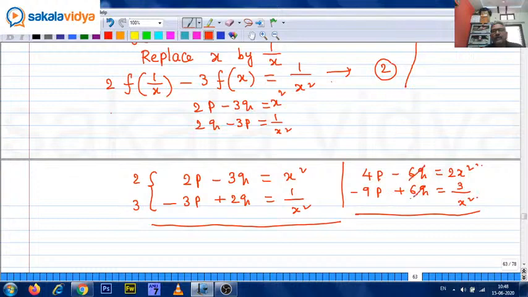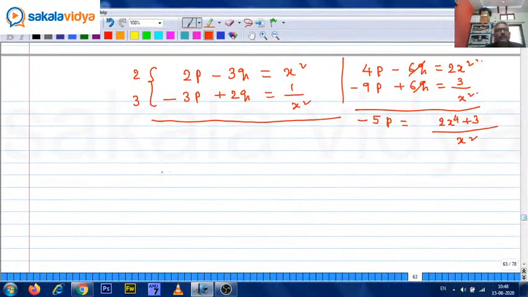Adding these two, q cancels. Minus 5p equals, here x square is the LCM, we get 2x to the power of 4 plus 3. Now p equals 2x to the power of 4 plus 3 upon minus 5x square.